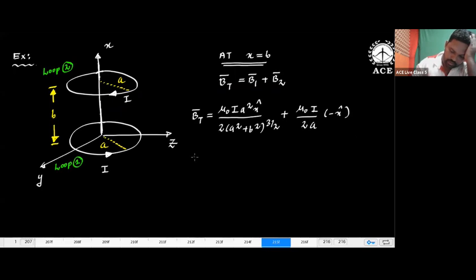Okay, if you want, you can bring this one common. Mu naught into I divided by 2A, X cap, A cube divided by A square plus B square to the power of 3 by 2 minus 1.